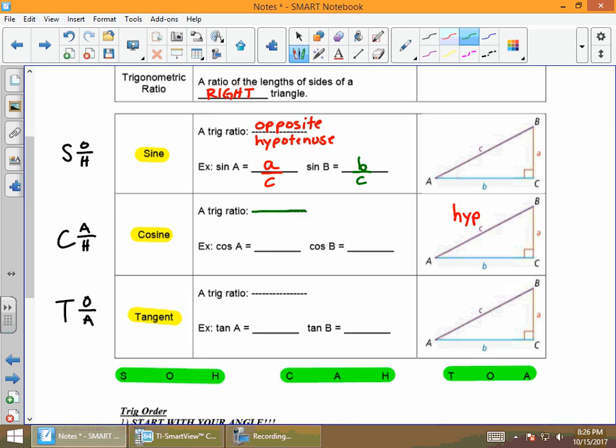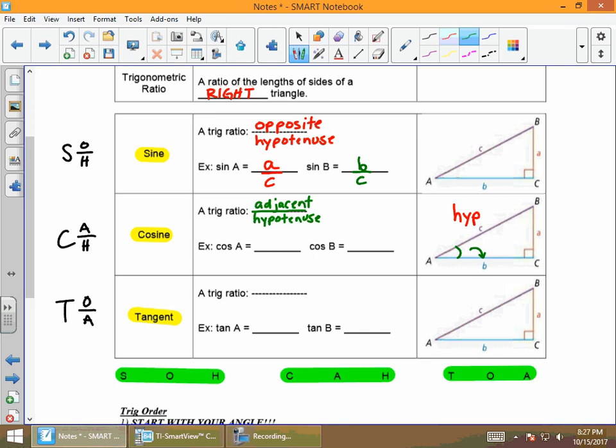All right, well, the H, we know that word is hypotenuse. But the A means it is the adjacent leg. So the leg that is touching the angle, the word adjacent, we see that again. So if I look for the cosine of angle A, so here is angle A, which leg is touching angle A? Well, it's this one right here.